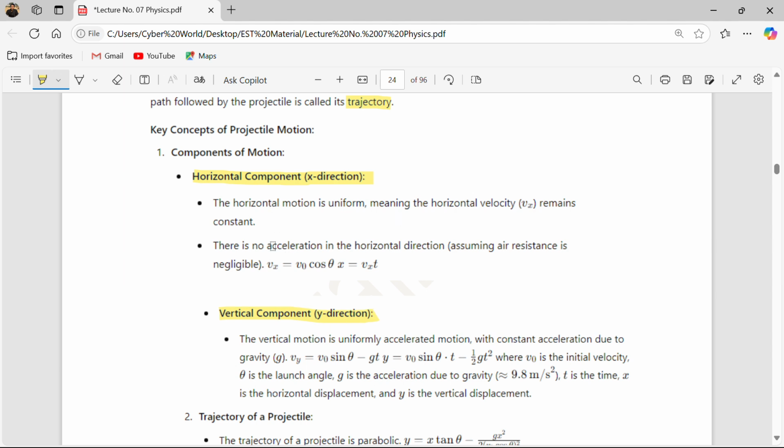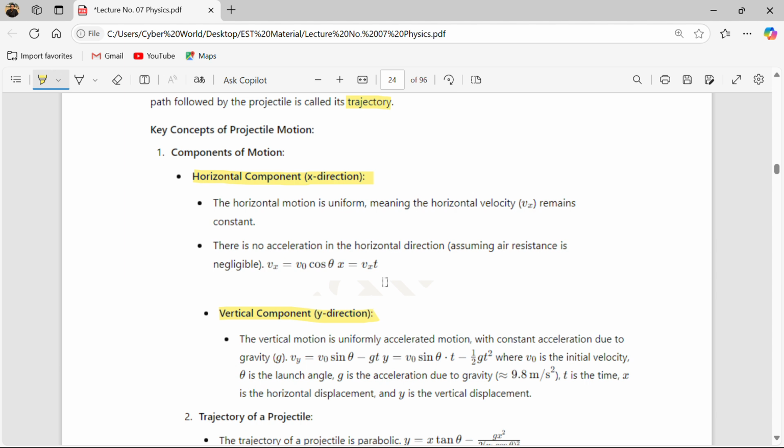The horizontal component of velocity, Vx, remains constant, as I already mentioned before.